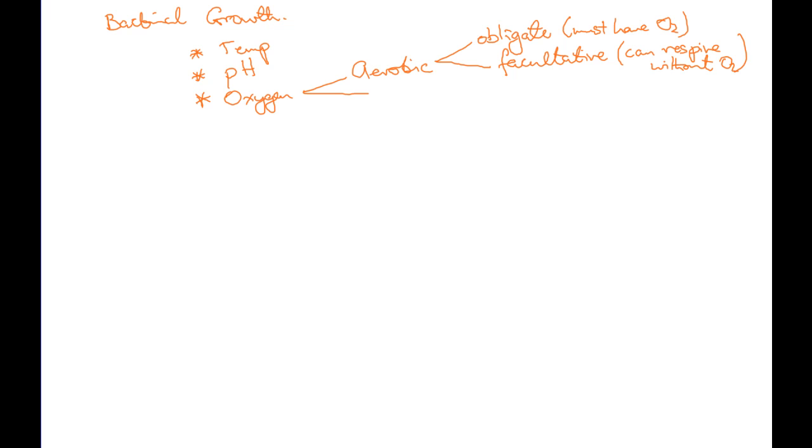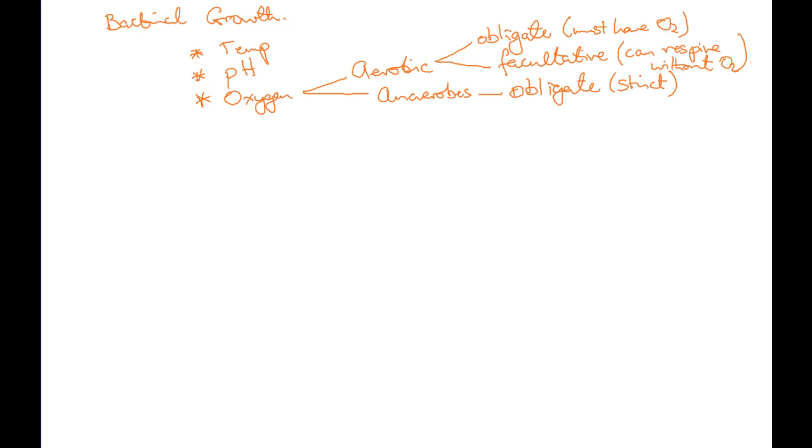So those are the aerobes. We do have anaerobes as well, and you could say that these are the facultative aerobes or facultative anaerobes, whichever you want to call them. Either way, they can do with or without oxygen. But you do have obligate anaerobes, which are strict anaerobes.